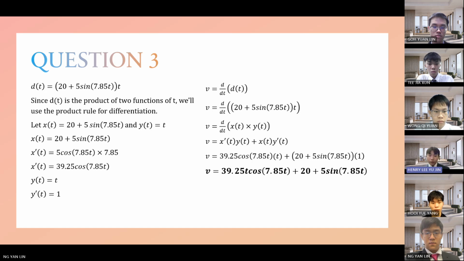Hence, v equals 39.25 cos 7.85 t times t, plus (20 plus 5 sine 7.85 t) times 1. So, overall, the answer v equals 39.25 t cos 7.85 t plus 20 plus 5 sine 7.85 t.